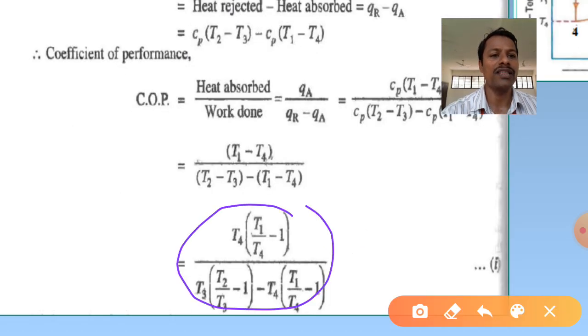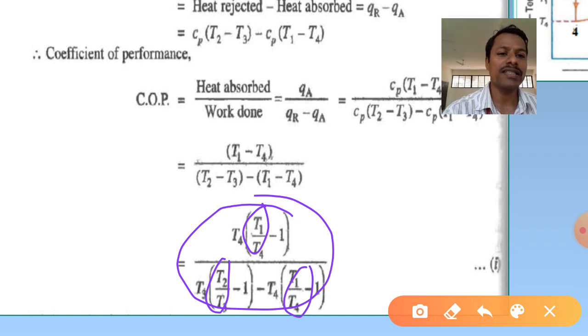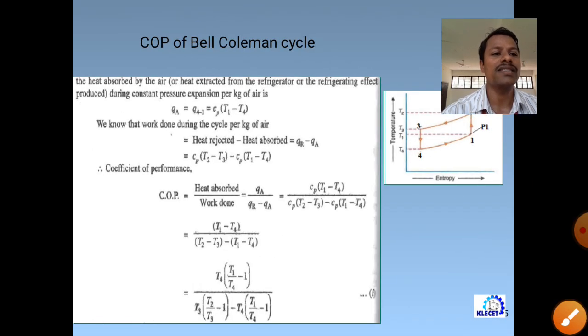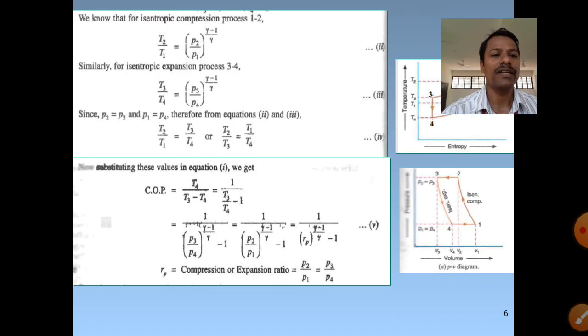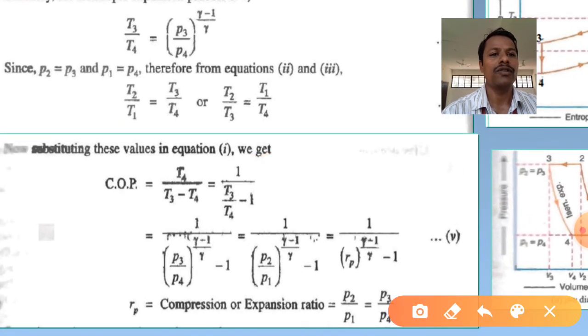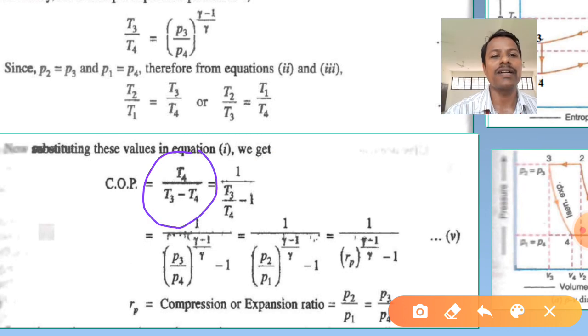Let us substitute T2 upon T1 and T1 upon T4. All these 3 terms will be equal according to the temperature ratio. If I substitute in this, the temperature ratios get cancelled. So we get the COP as T4 upon T3 minus T4.